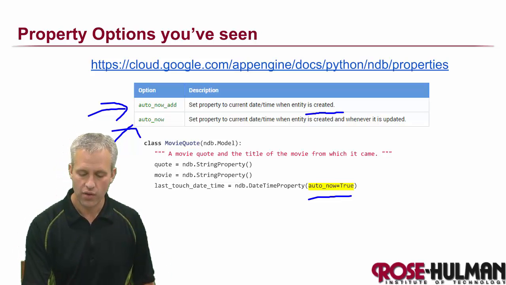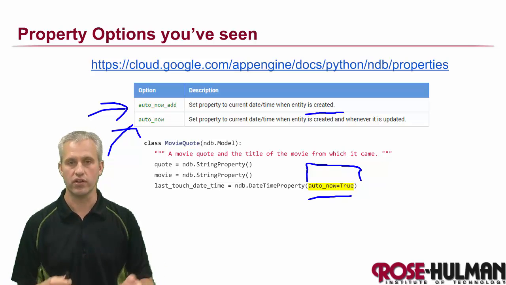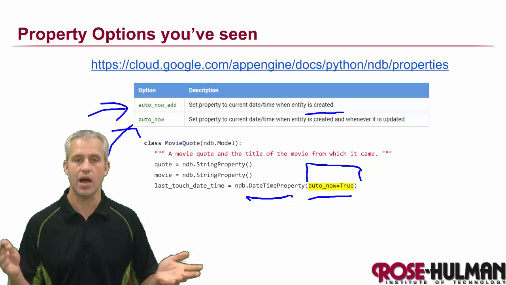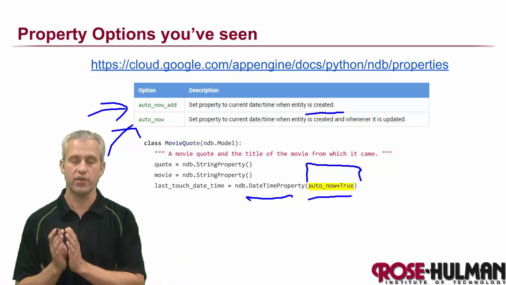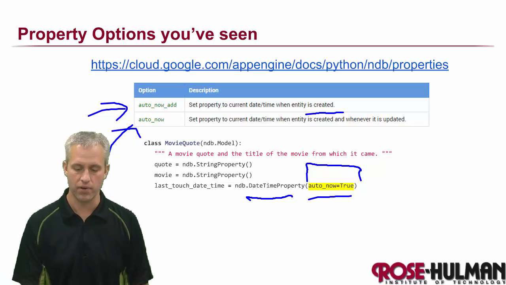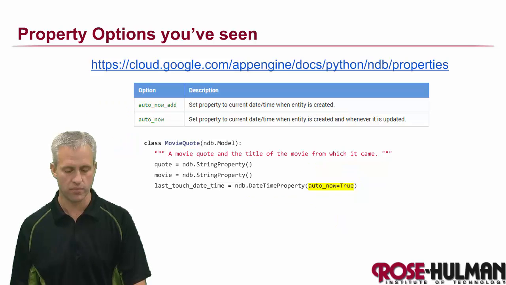That was, to be honest, a pretty easy property option which did some useful things for you. Note, you don't have to use any options with a datetime property. If you left it blank, it would just be up to you to write to it, just like a normal property. But that was a good time when a property option made a lot of sense.